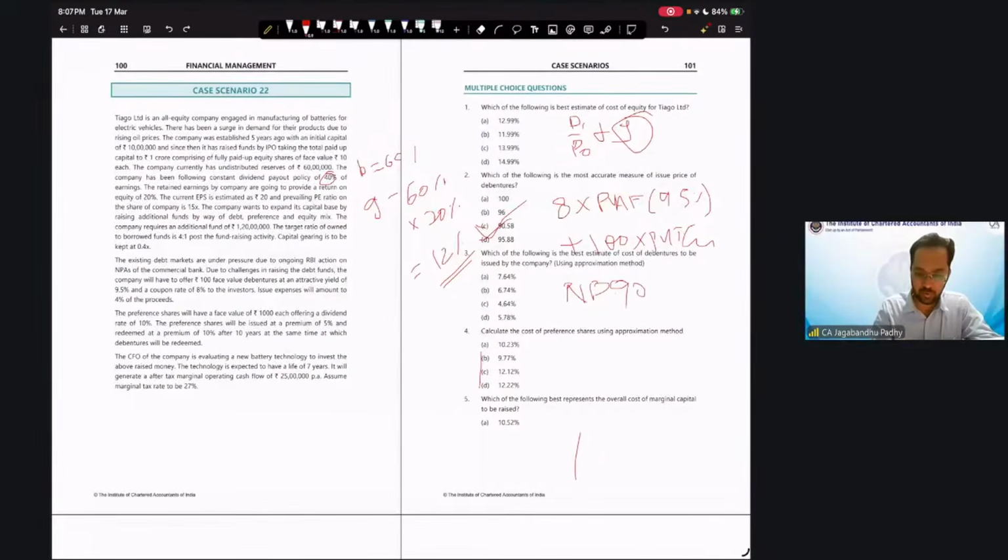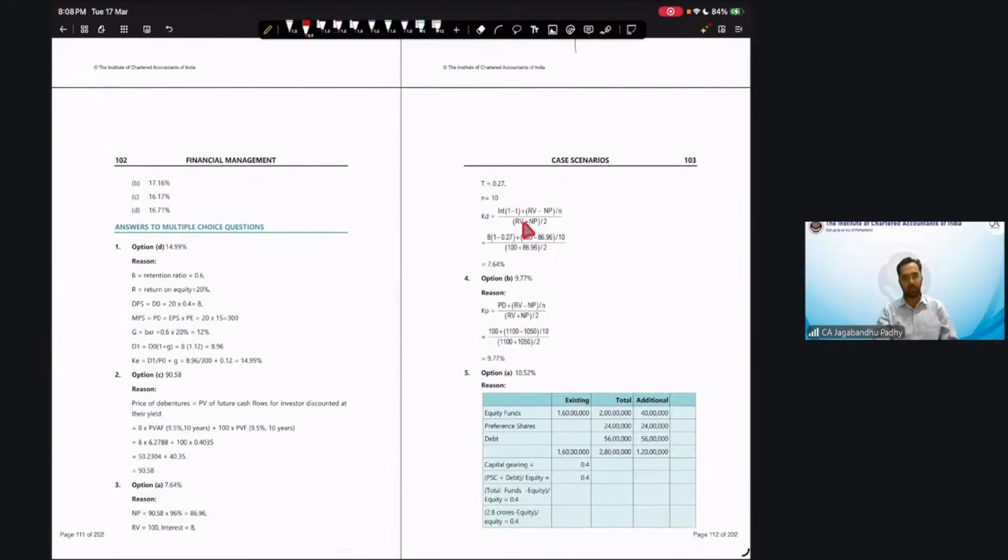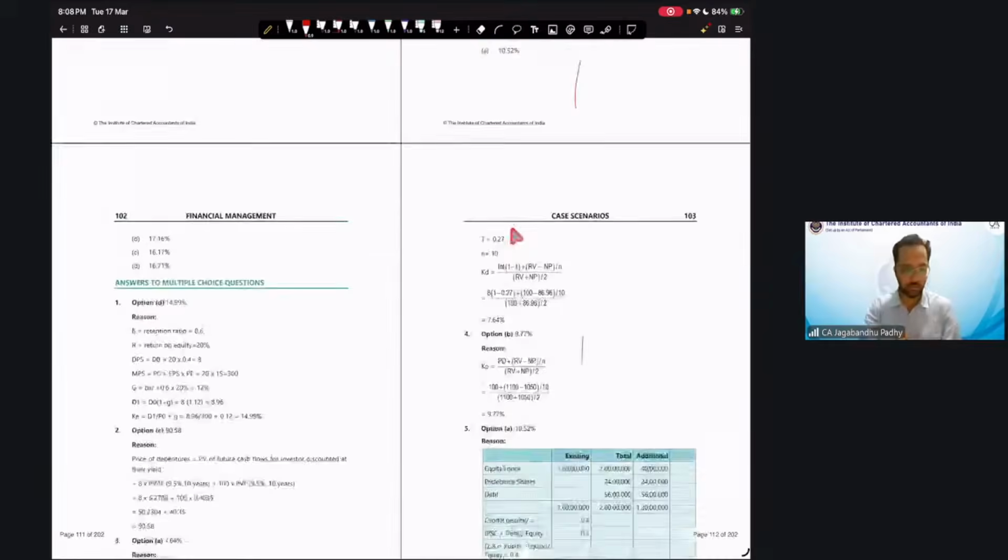The redemption will be at 100, right? Net proceeds will be 90.58 minus 4%, so net proceeds will be 96% of 90.58. Redemption value is 100. Interest rate is 8. And we can simply use the approximate cost of debt formula.